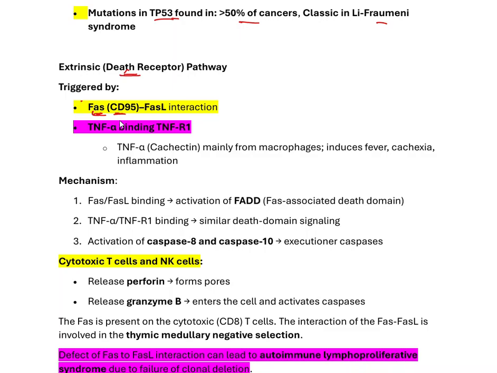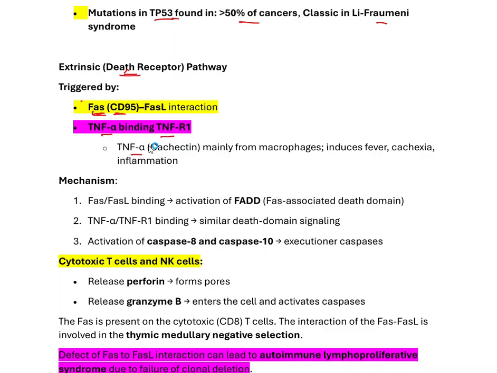And if Fas ligand is released, that Fas ligand could bind to this Fas receptor, and that could also activate what? Apoptosis. So that's one mechanism. The other one is the interaction of TNF alpha, tumor necrosis factor alpha, binding to the TNF alpha receptor. So that could also activate what? Apoptosis. Remember another name for TNF alpha, we also call it what?